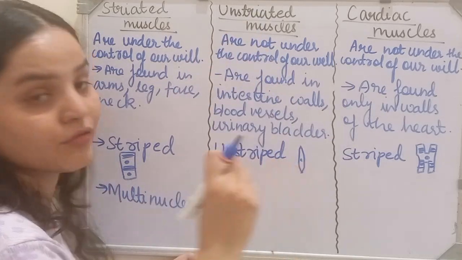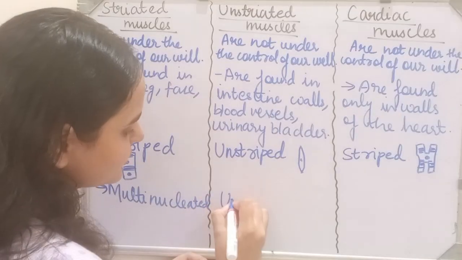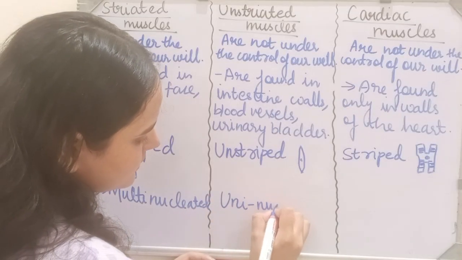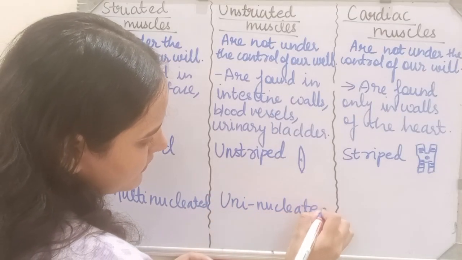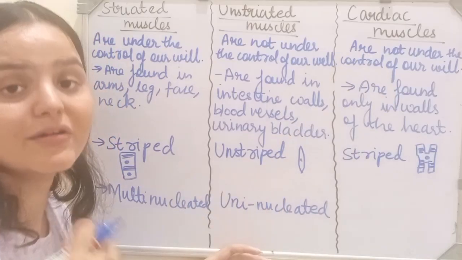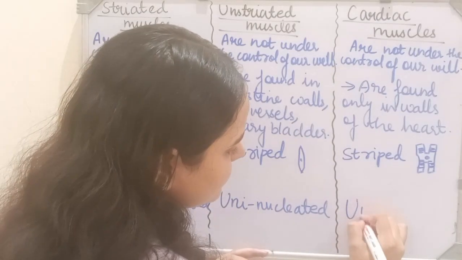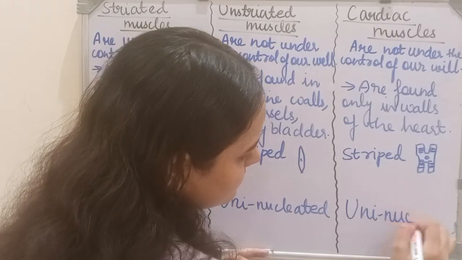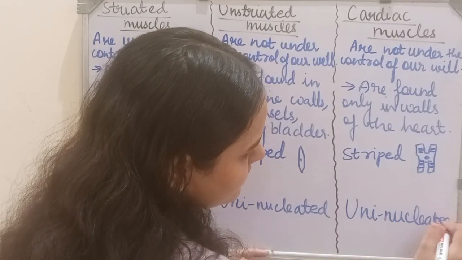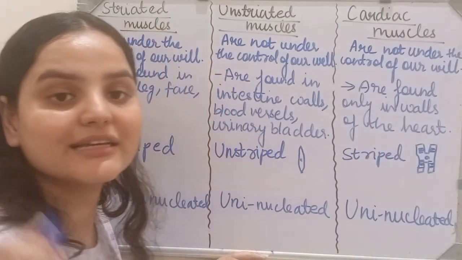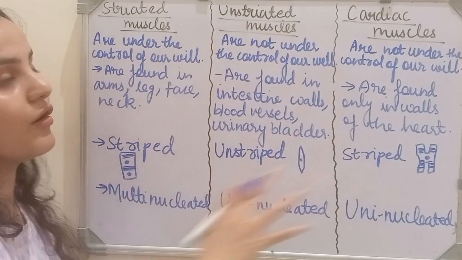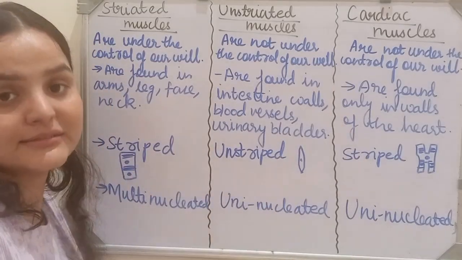You are able to see only one nucleus present, so they are uninucleated. And in case of cardiac muscles also, they are also uninucleated. Means only one nucleus is present. So this was all about the types of muscle tissue.